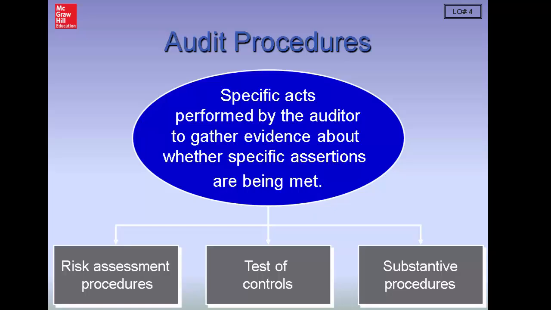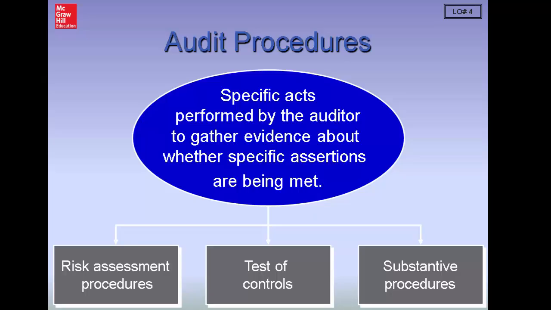So the primary test of controls is where we're looking at assertions related to transactions, because that's the process. Revenue transactions, expense transactions. These are the things that we're looking at so that we are validating that internal controls are appropriate. Our substantive procedures, these are the procedures that we use to actually form our opinion.